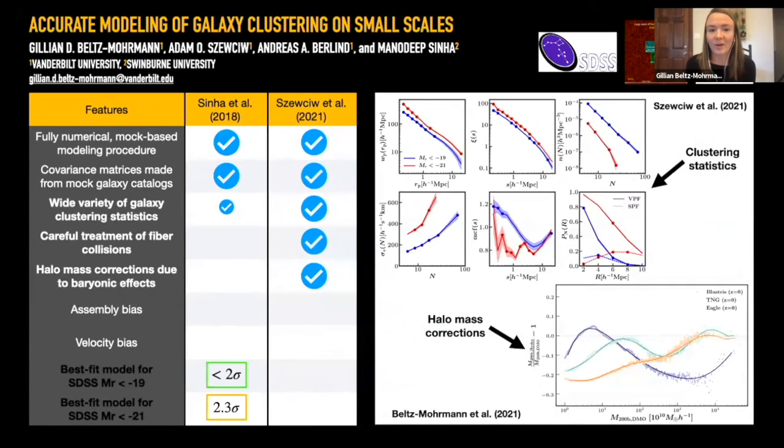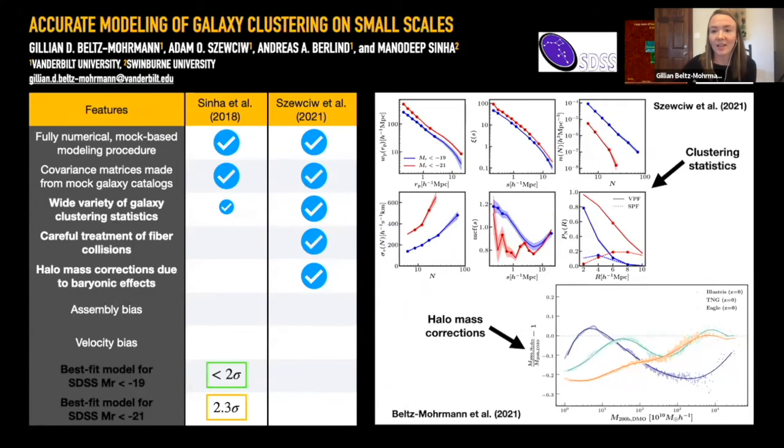So motivated by these results, Adam Seshu and collaborators in 2021 expanded on this procedure to include an even wider variety of galaxy clustering statistics. So shown here, they utilized a range of scales from the projected correlation function, the redshift space correlation function, the group multiplicity function, the average group velocity dispersion function, the mark correlation function, and counts and cells statistics.